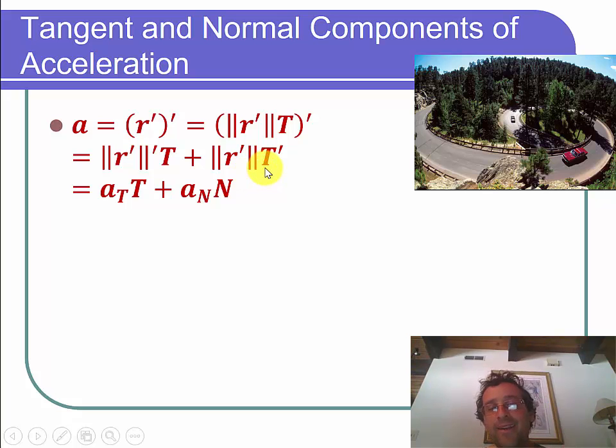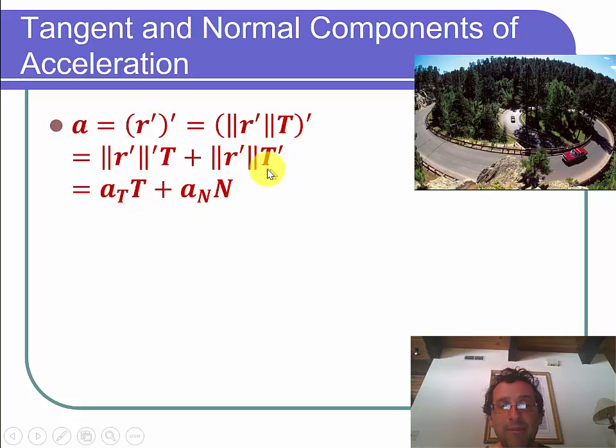And now we can notice something. First is that we can call the magnitude of r prime, prime, the component of the acceleration in the direction of the tangent vector T. So we can say that's, let's call it a sub T. So we get a is equal to a sub T, T.